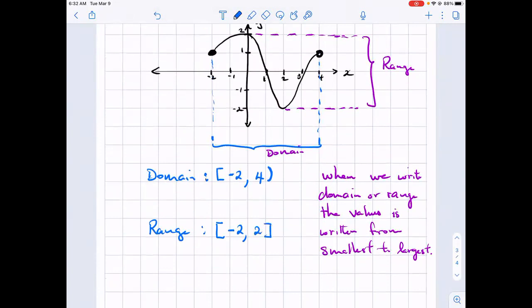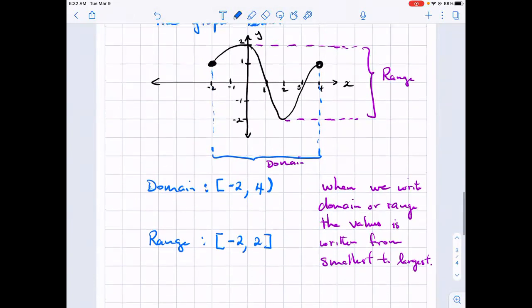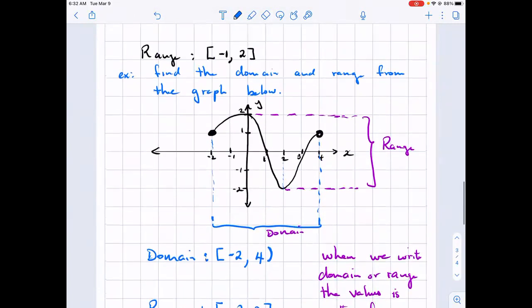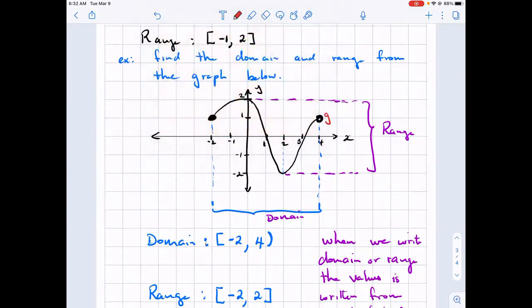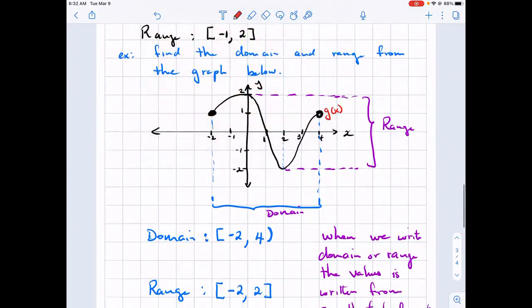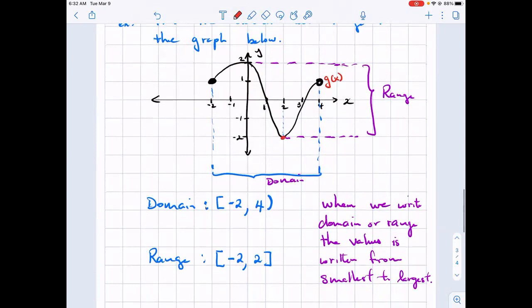Now, if you're wondering why am I using brackets and why am I using parentheses here? If you take this x value here, and you plug it into the function f of x or g of x, whatever we want to call this function, let's say g of x, you will get -2.